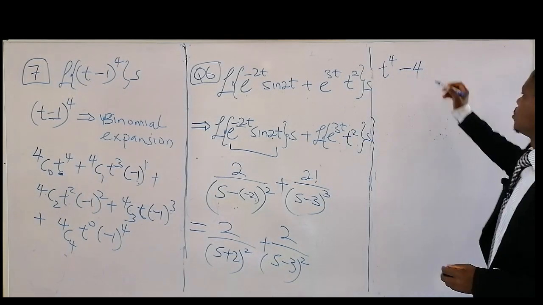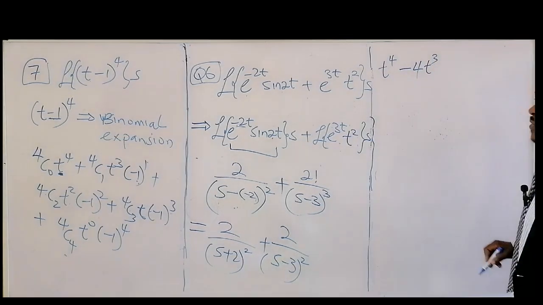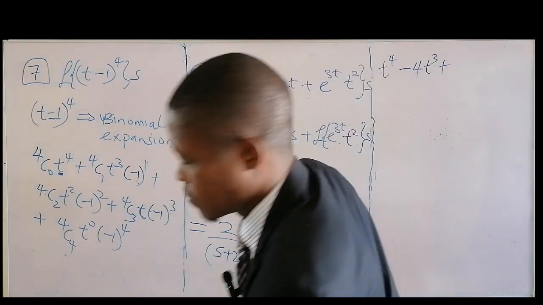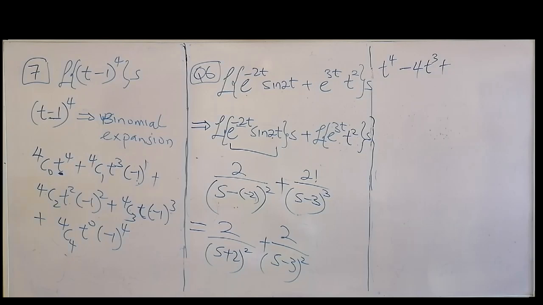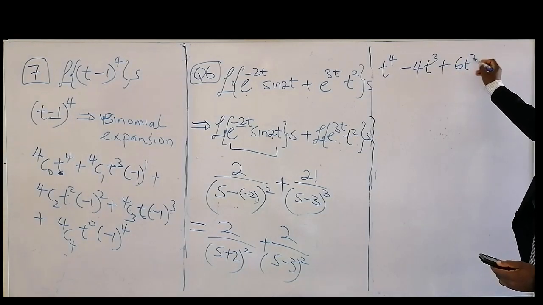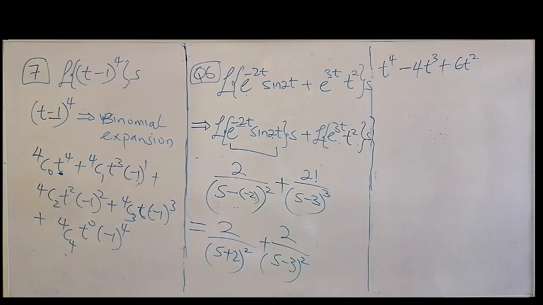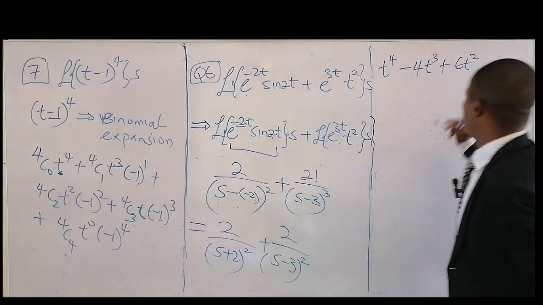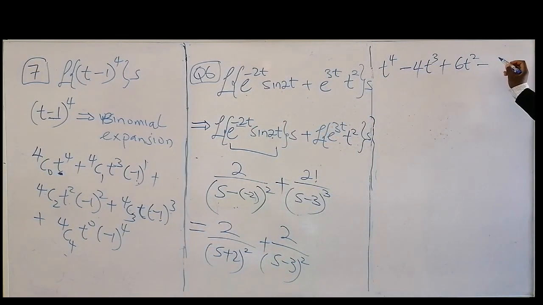That will be minus 4t cubed, then plus 4 combination 2, that's 6. That will be 6t squared. Okay, 4 combination 3, 4 times minus, so that's minus 4t.